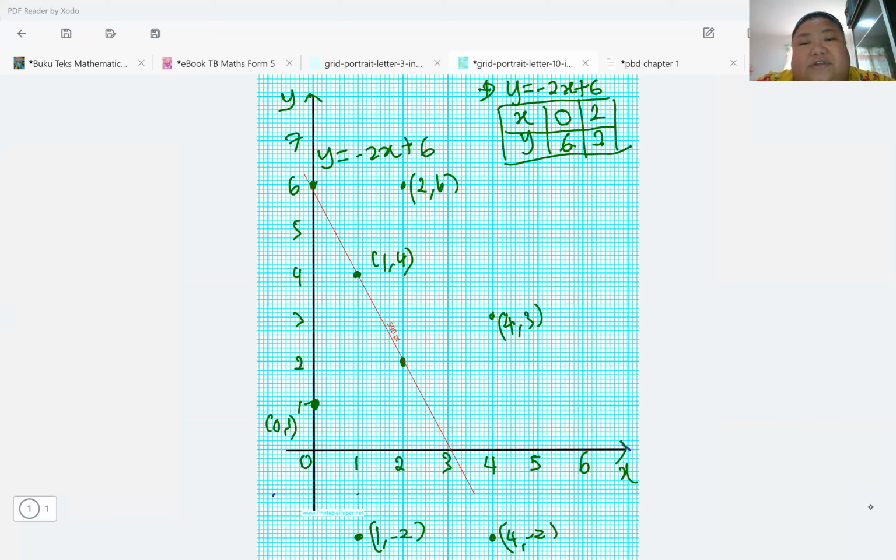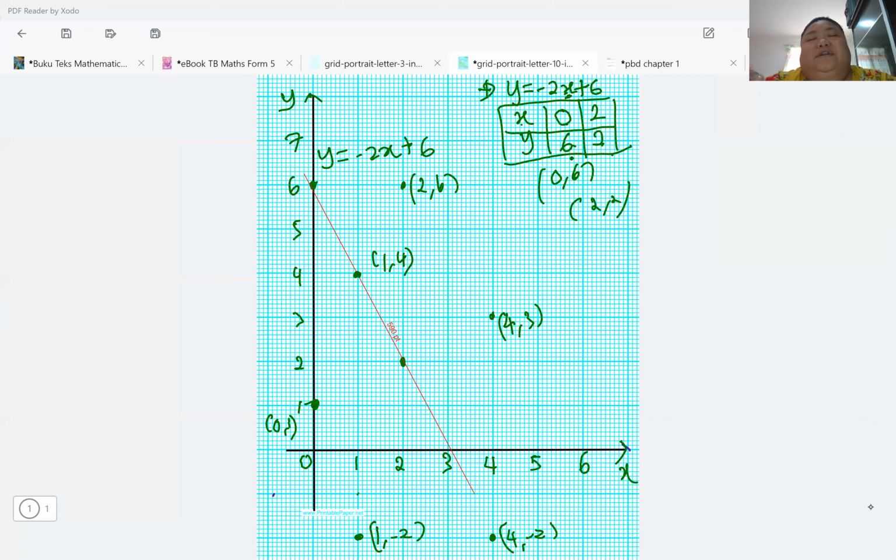If I substitute x equal to 0 into this equation, I will get y equal to negative 2 times 0, which is 0, plus 6, so my y is 6. Then for the second point, if I substitute x equal to 2, y equal to negative 2 times 2 is negative 4, negative 4 plus 6 is 2. So the 2 points that I get are (0, 6) and (2, 2).